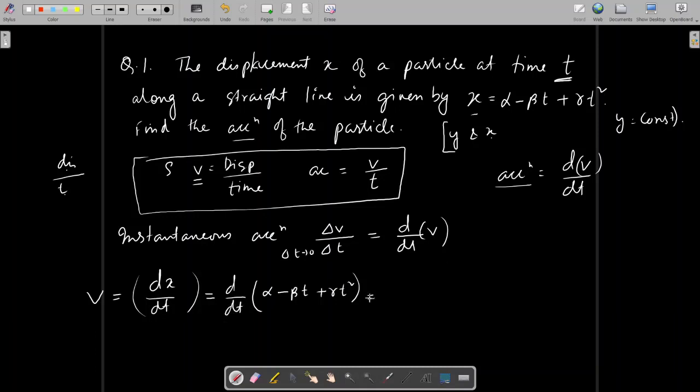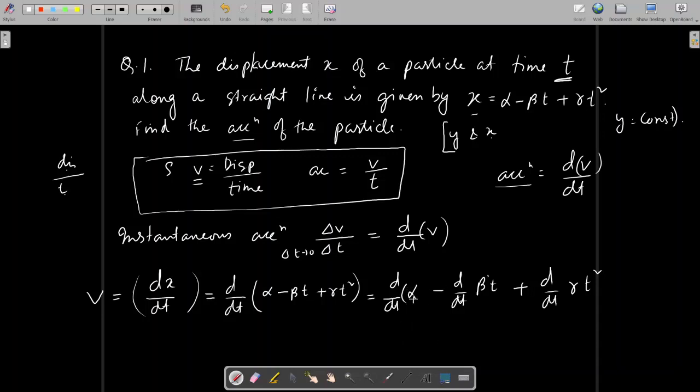Now this is d/dt of alpha minus d/dt of beta t plus d/dt of gamma t square. Here we differentiate with respect to t, since our coefficient is t, so I have to put t.